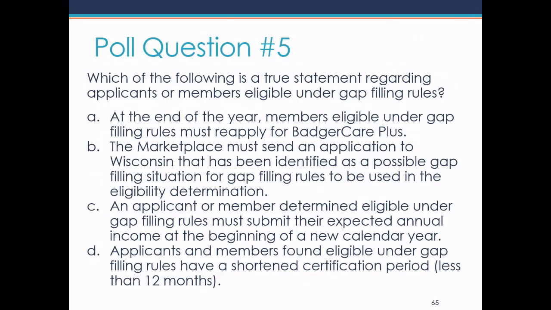C. An applicant or member determined eligible under gap filling rules must submit their expected annual income at the beginning of a new calendar year. Or D. Applicants and members found eligible under gap filling rules have a shortened certification period, less than 12 months. Which of those is a true statement regarding applicants or members eligible under gap filling rules?